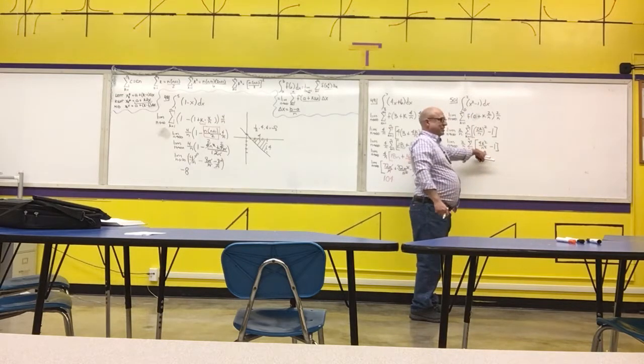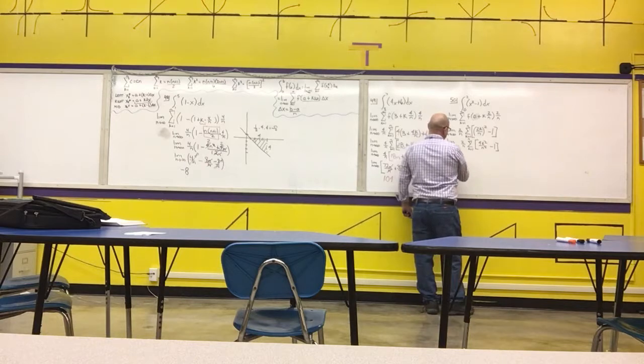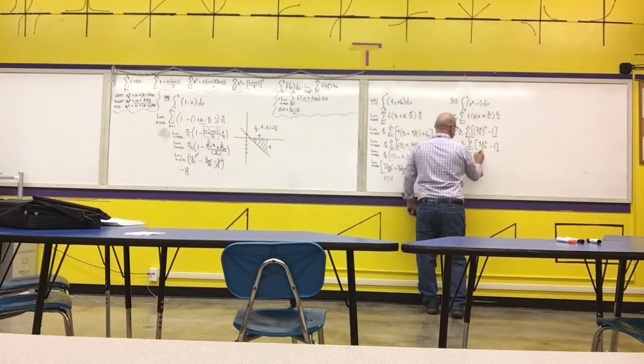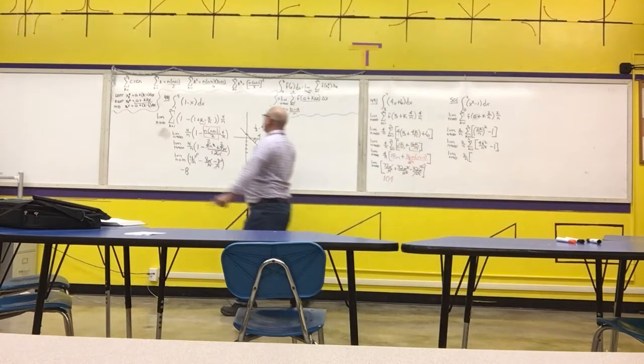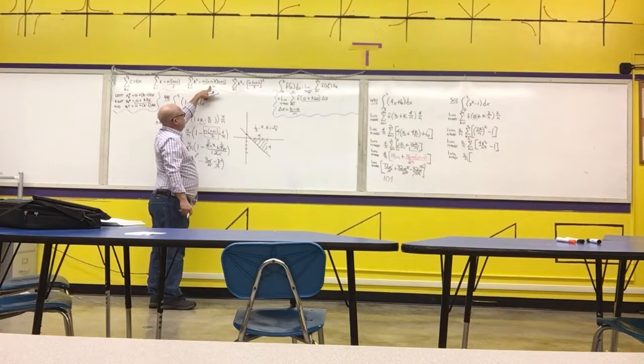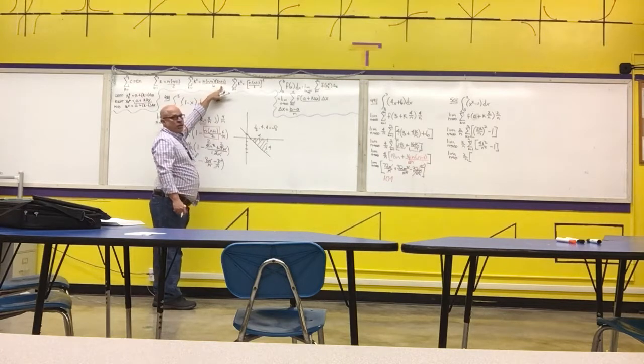I'm now going to take the summation. So I have 2 over n. And for k squared, I have n times n plus 1 times 2n plus 1 over 6.